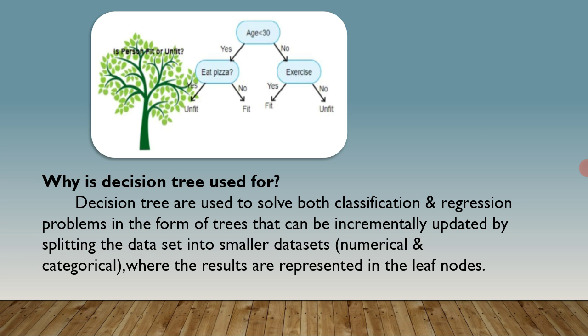It means it is used to solve both classification and regression problems in the form of a tree by splitting the data into smaller data sets. Then the result is displayed in the leaf node. For this purpose we use decision trees.